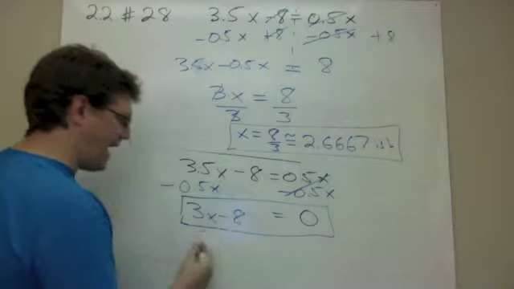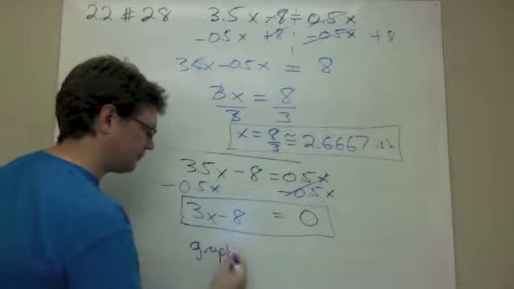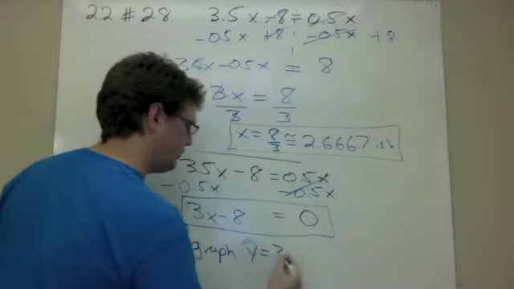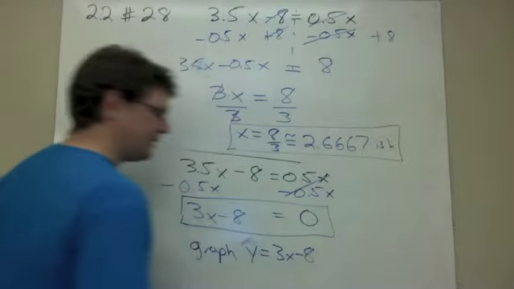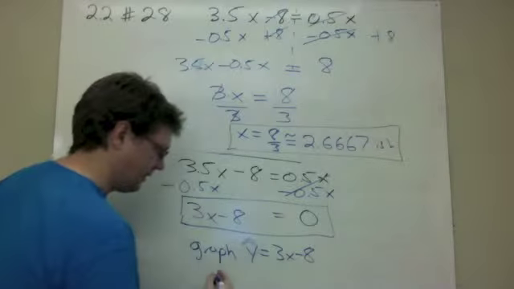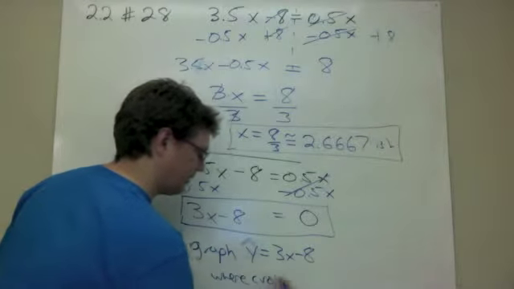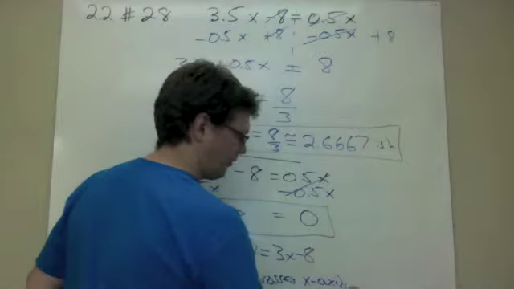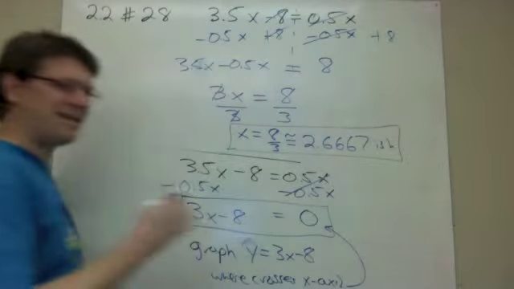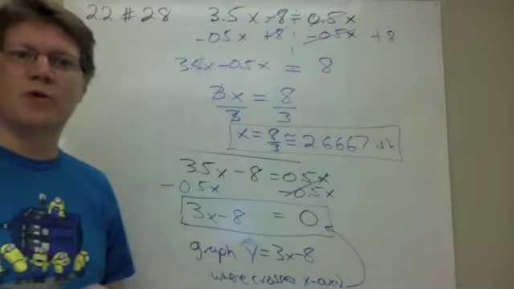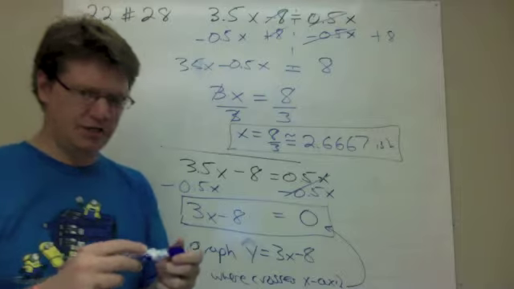What I'm going to graph, y is equal to 3x minus 8, and look where this thing crosses the x-axis, right? Where it crosses the x-axis, that's going to be the 0, and I think it's going to be around 2.6, 2.7-ish.